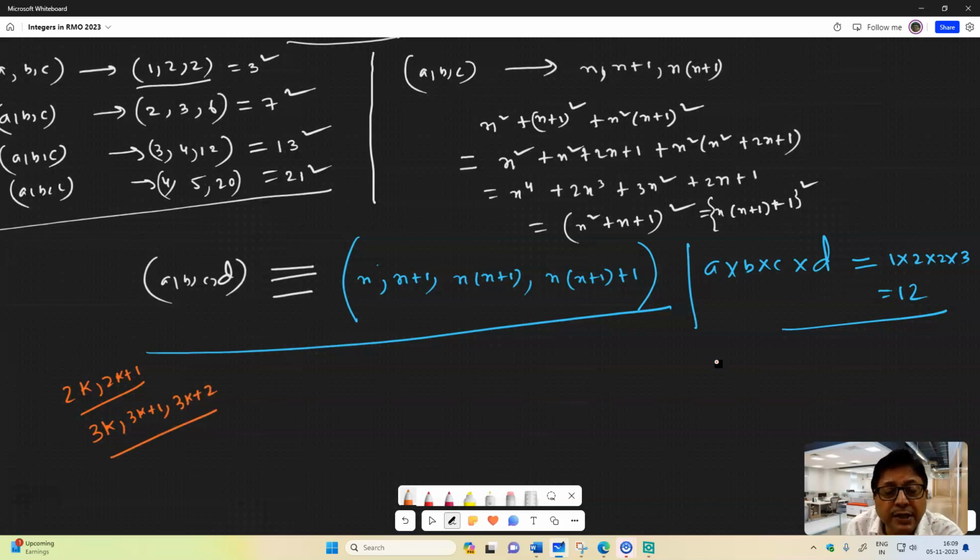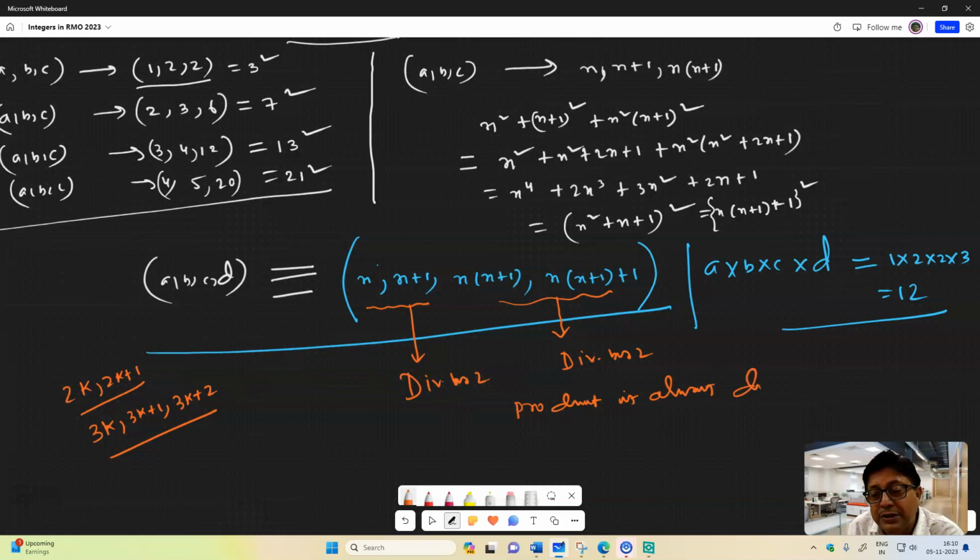Here, when you consider these integers, see, there are two consecutive integers. Their product is always divisible by 2. This is also again consecutive integers. Their product is divisible by 2. So when you multiply, the product is always divisible by 2 into 2. This is equal to 4.